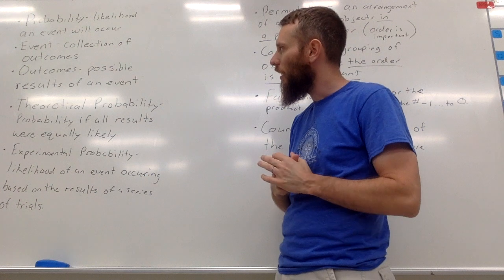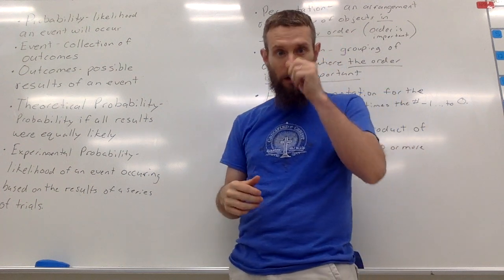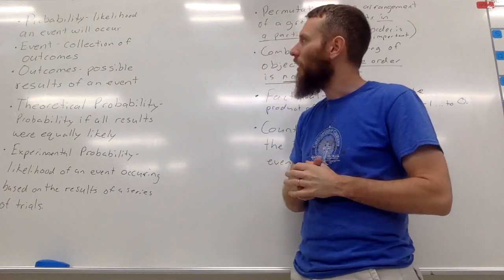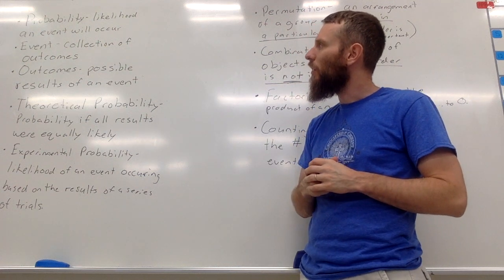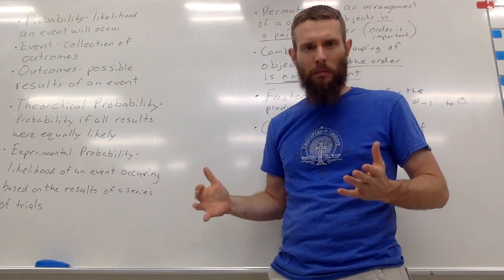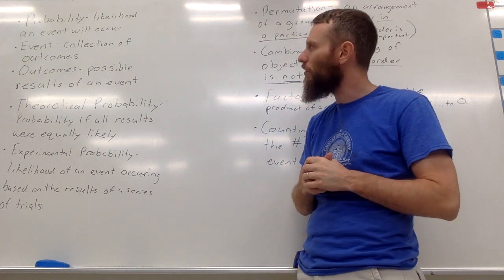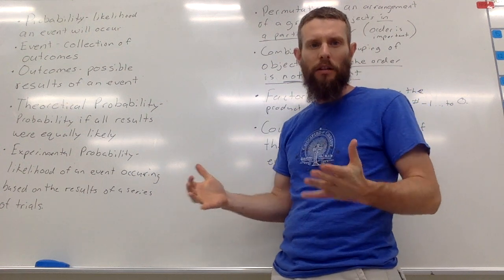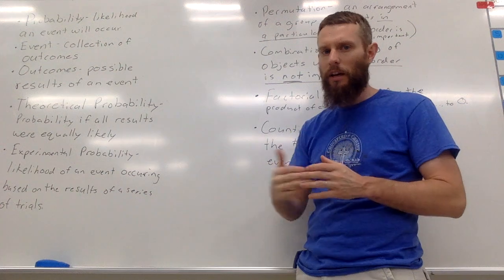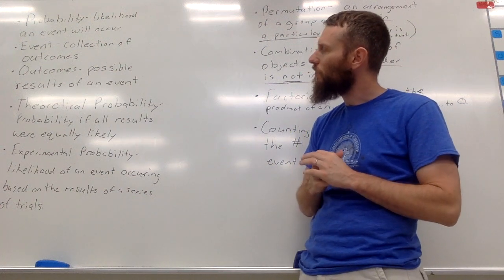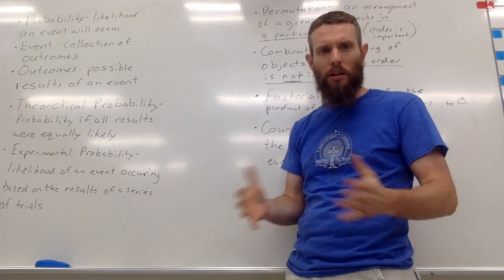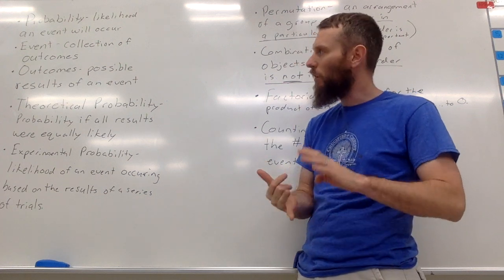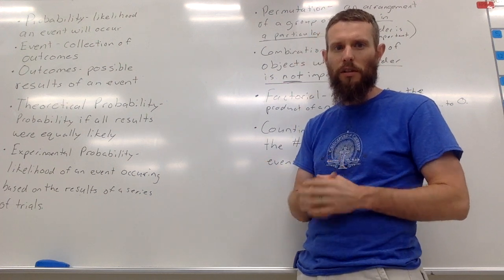Okay, so let me just use an example for this. I roll a die, a six-sided die, and the different outcomes, or the possible results, the event, actually let me back up. The event is the rolling of the die. That's the event. And the outcomes, it could land with 1, 2, 3, 4, 5, or 6 up.